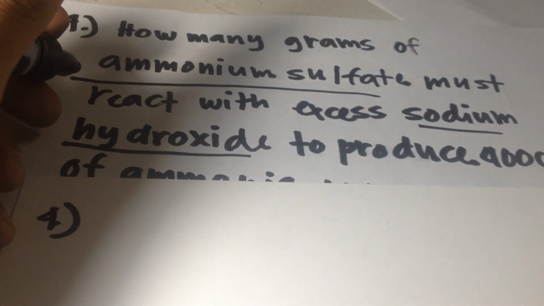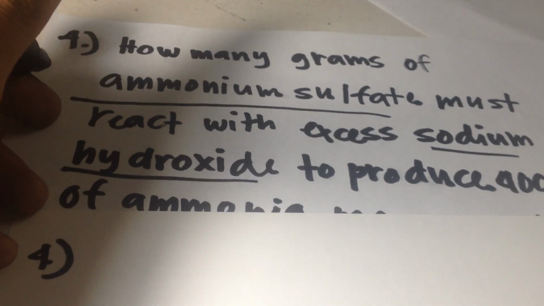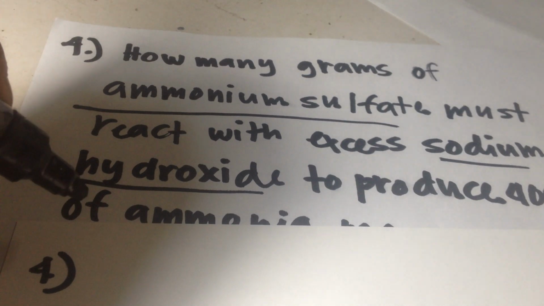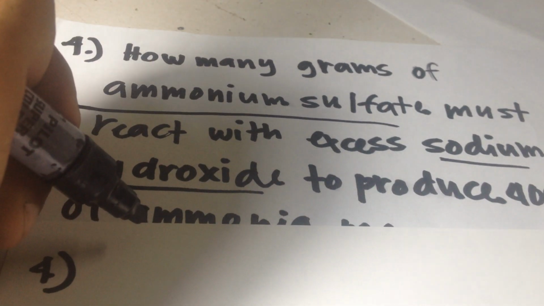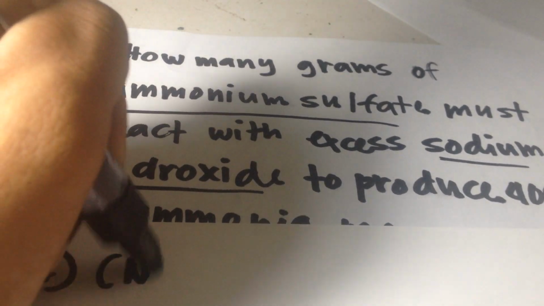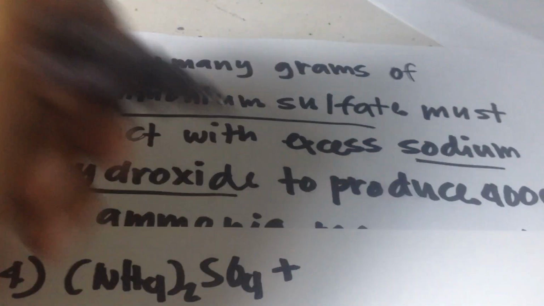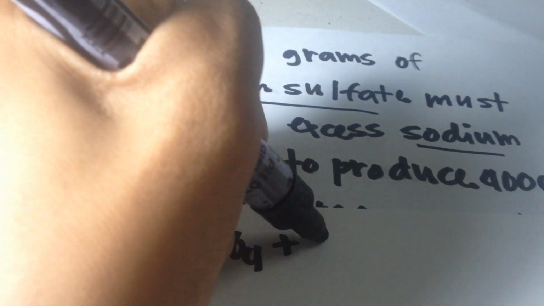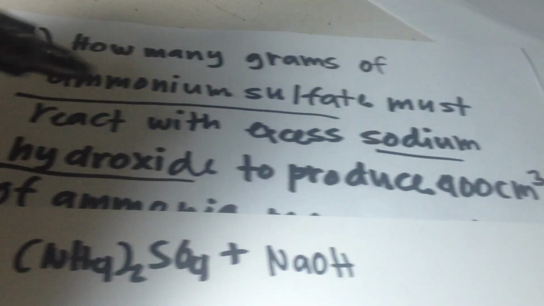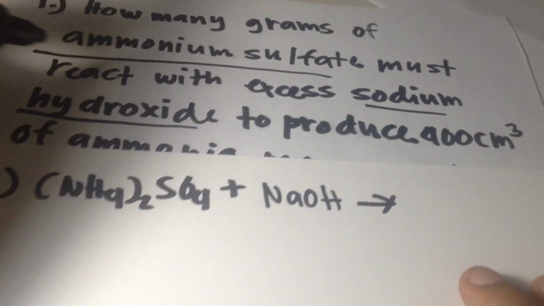This is number 4 problem. Balance first the equation. We have ammonium sulfate plus sodium hydroxide reacts to sodium sulfate plus ammonia plus water.